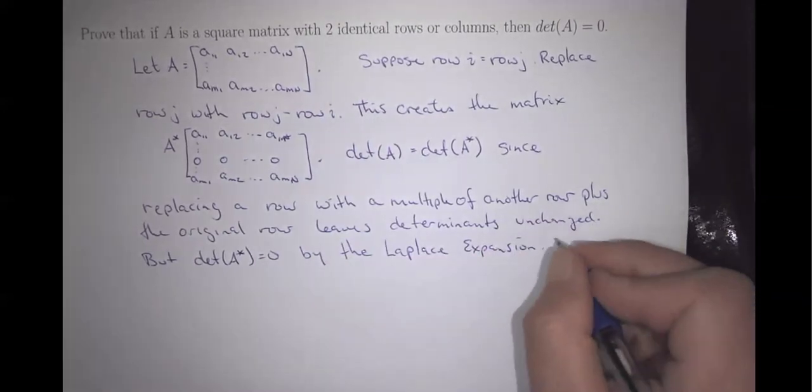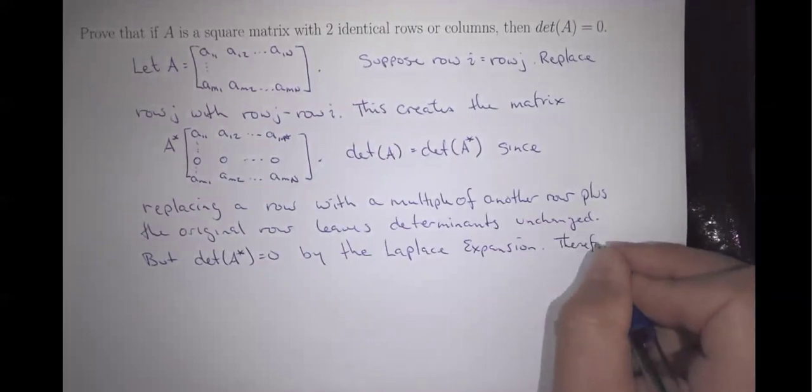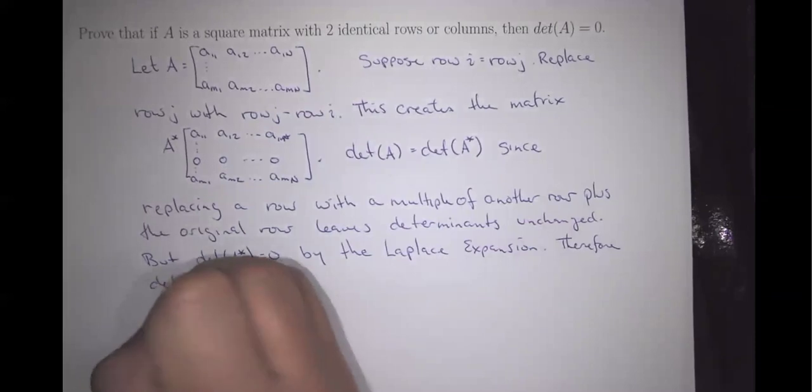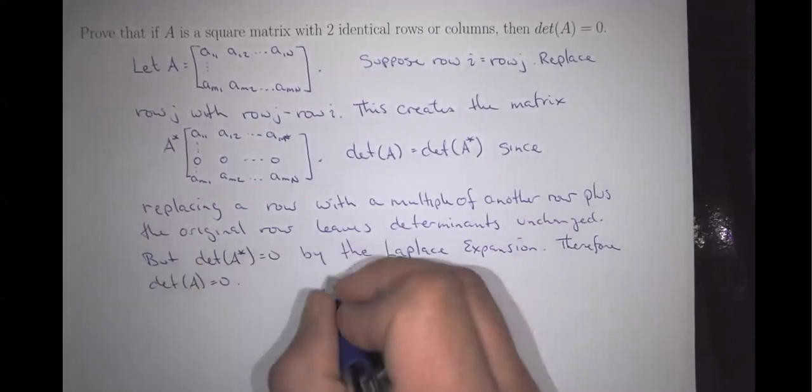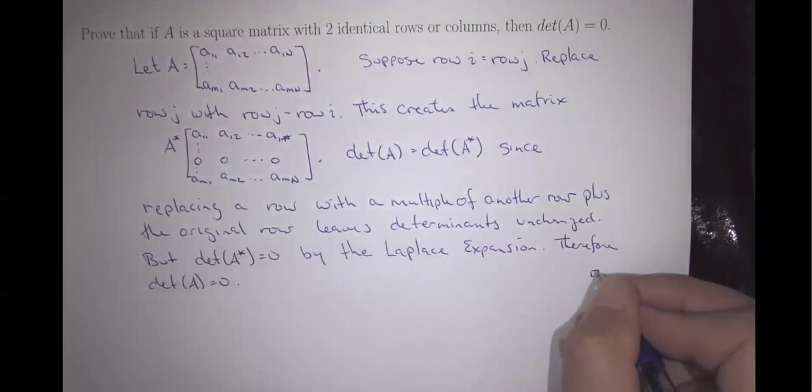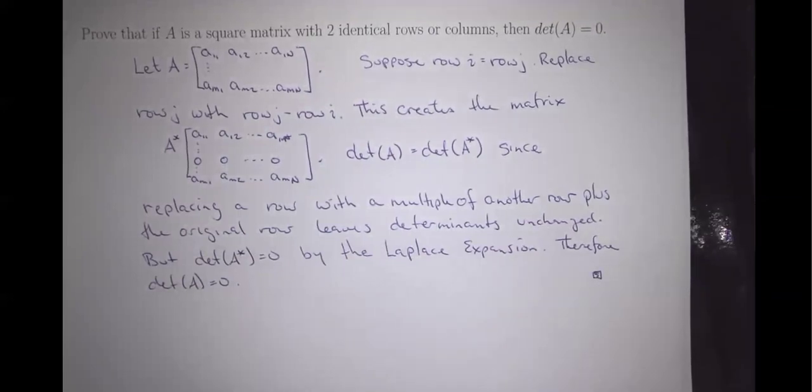So therefore, determinant of A must also be 0. And so anytime you've got two identical rows or columns, anytime A is a square matrix that doesn't have full rank, you're going to have a determinant of 0.